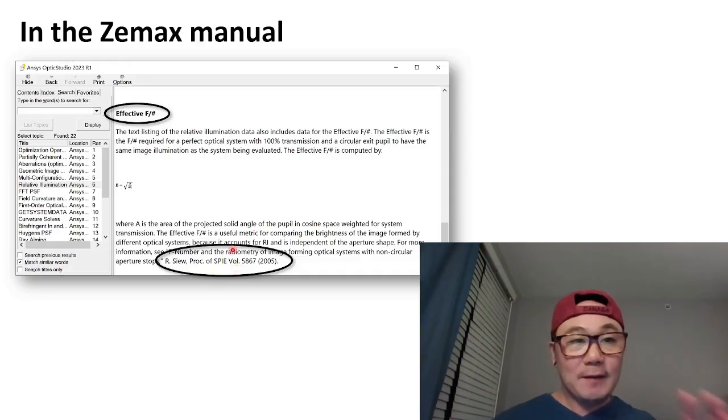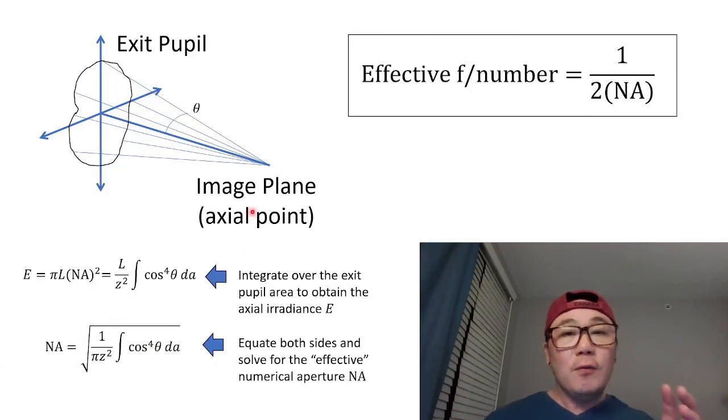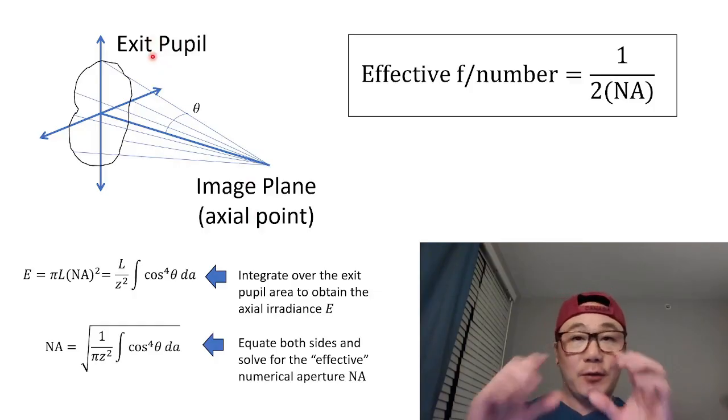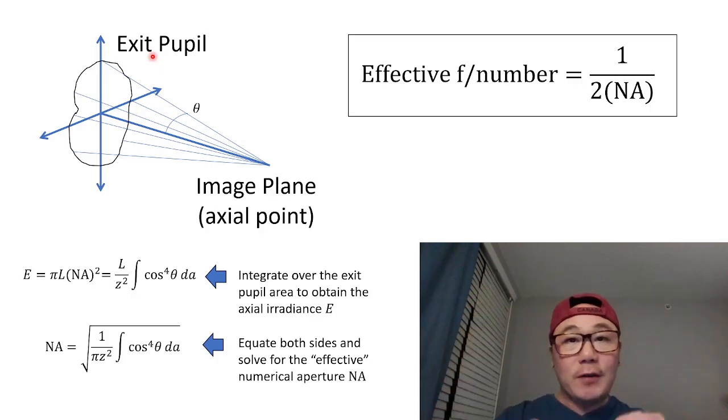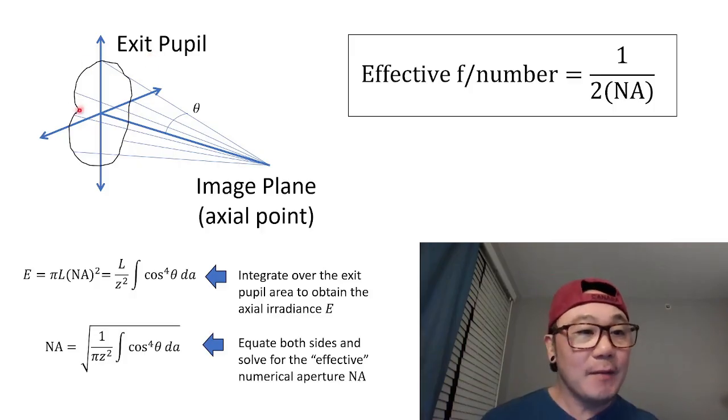So what is this? What is the effective F number? If you look at the exit pupil for any optical imaging system, and if you assume that the aperture stop can have any arbitrary shape, not just circular, not just rectangular or square, but any kind of arbitrary shape, right? Like this weird shape right here.